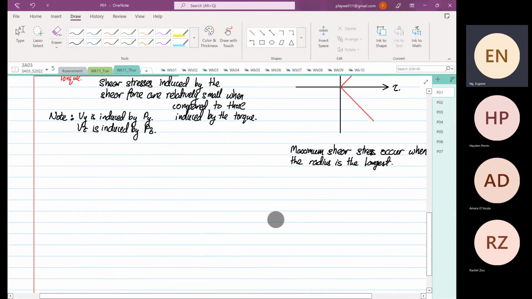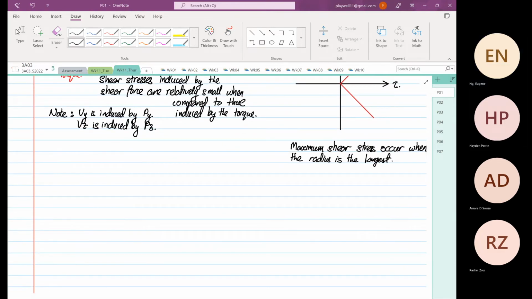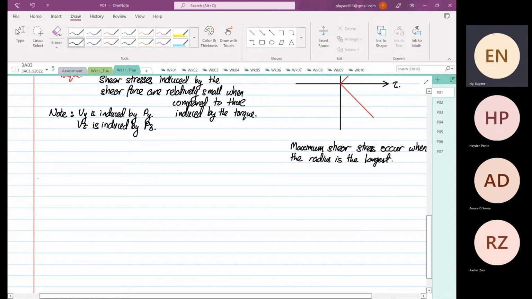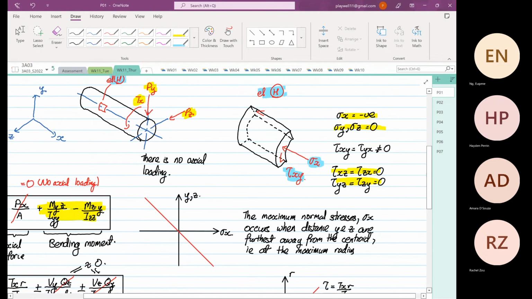We have to relate, okay, now. So we have to now relate to Mohr circle. I'm going to copy the image of the element.